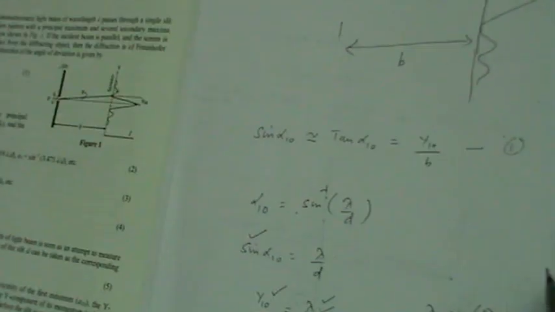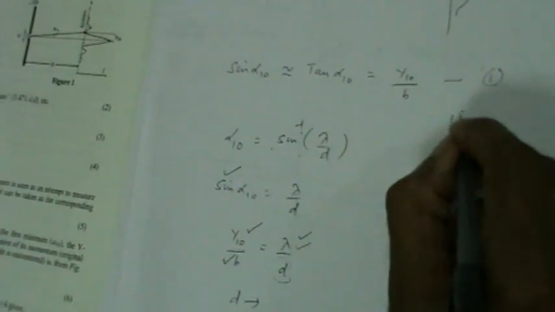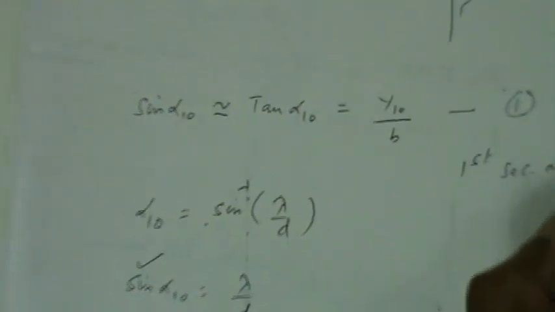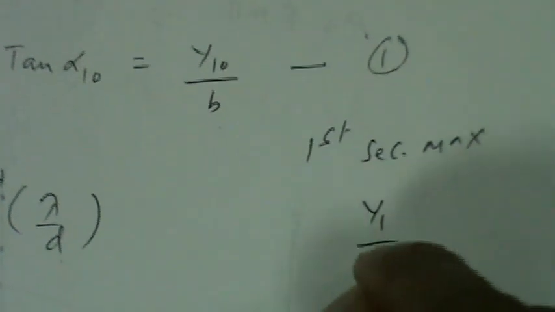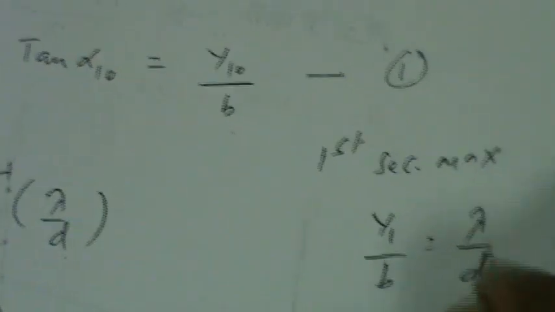So sin alpha 1 is equated to tan alpha 1, which in the second case is y1 by b. So for the first secondary maximum, we get y1 by b equal to lambda by d. Here lambda is fixed, b is fixed, and y1 we will be able to find out through experiment. So d can be calculated.